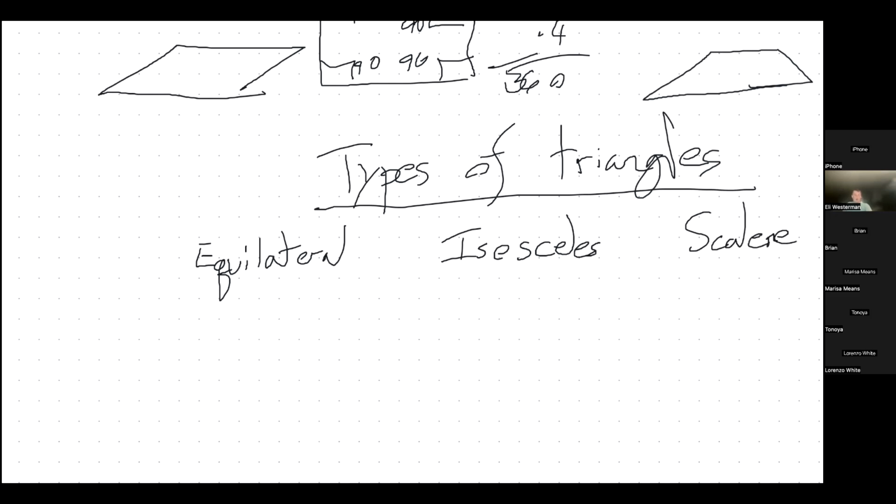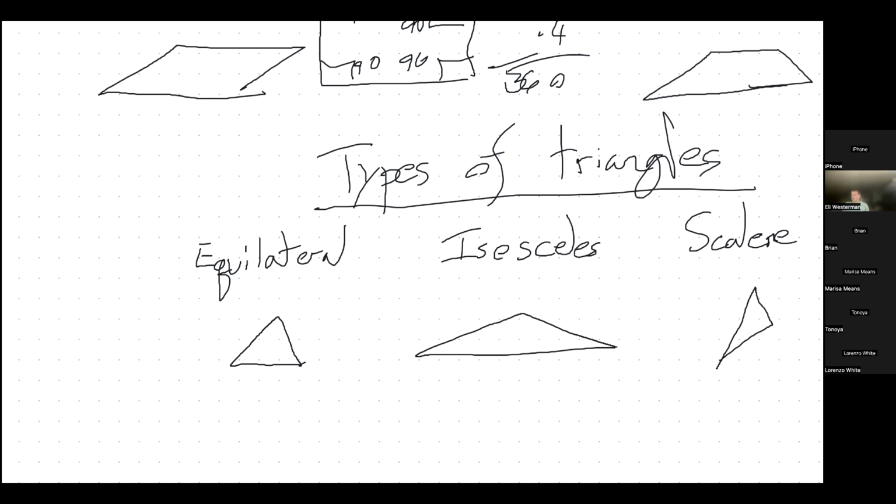For an equilateral triangle, all sides are the same length. For an isosceles, two sides are the same length. For scalene, no side is the same length.